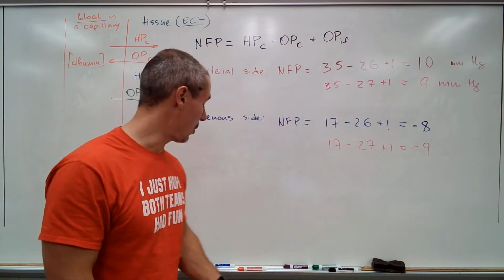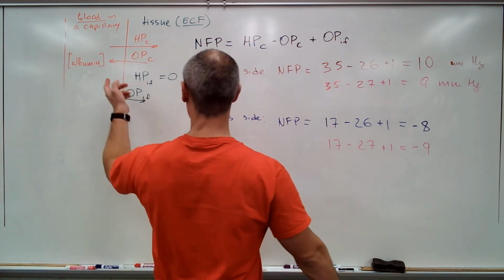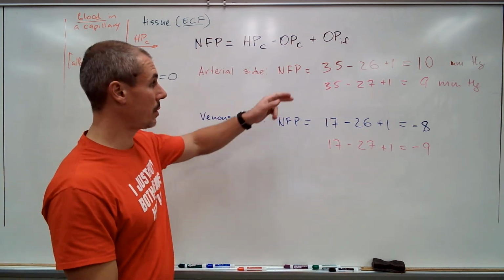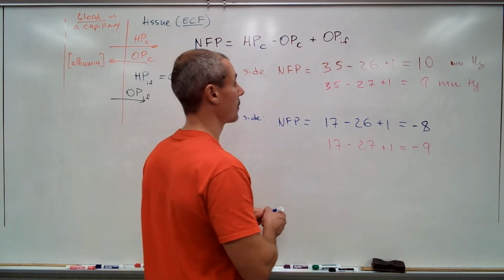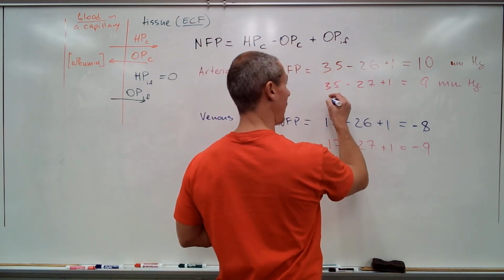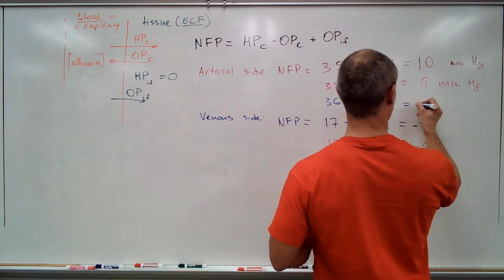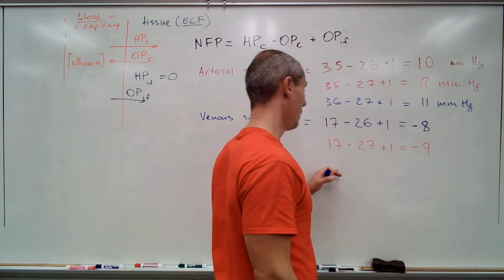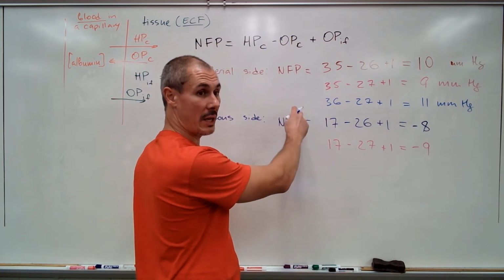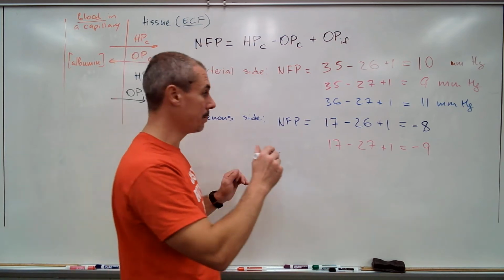Now, what's going to happen if instead of playing with albumin concentration, we increase hydrostatic pressure? Now, let's see. So you go from 35 to 36 here, which gives you 11 millimeters of mercury. And here you go from 17 to 18. I increase it by 1, just a slight tad increase, okay?